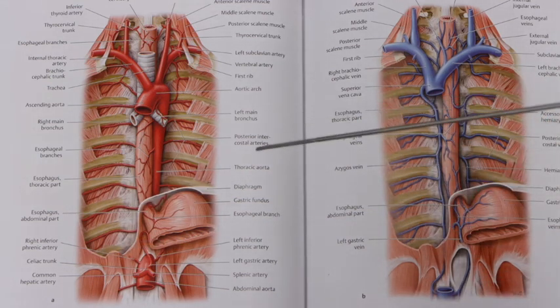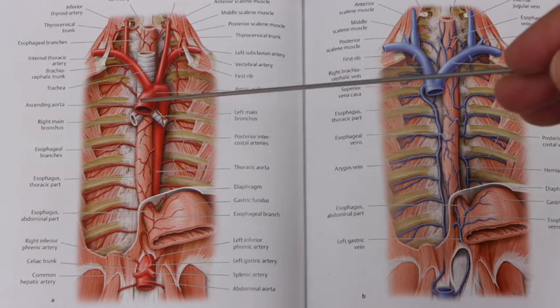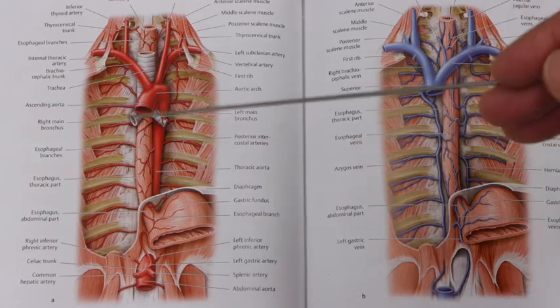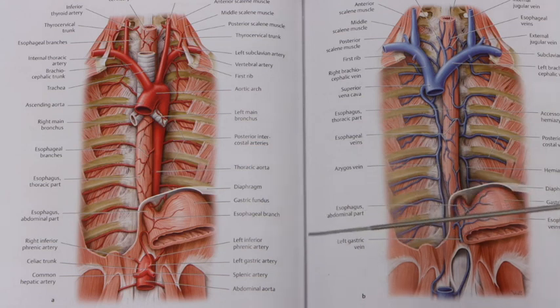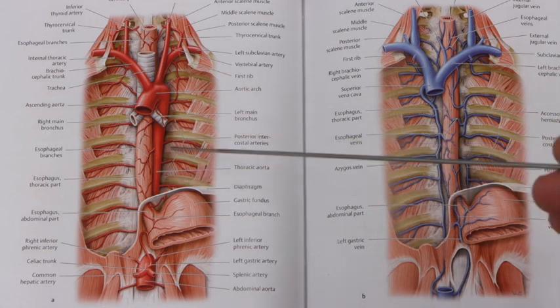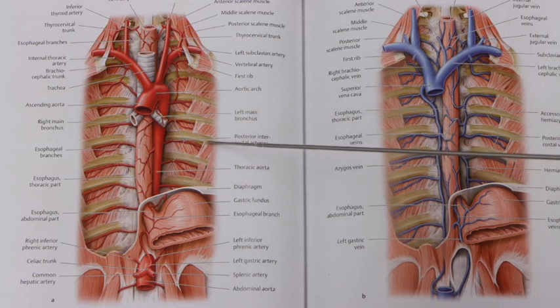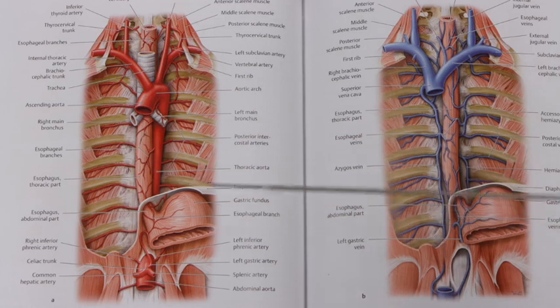And then another parietal branch of the aorta is the posterior intercostal arteries that you can see here, and they arise from the dorsal part of the aorta. Because the aorta is located more on the left side, the left posterior intercostal artery is shorter than the right posterior intercostal artery, which is longer.